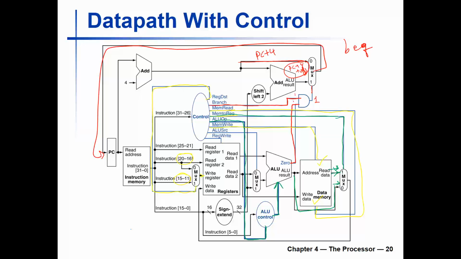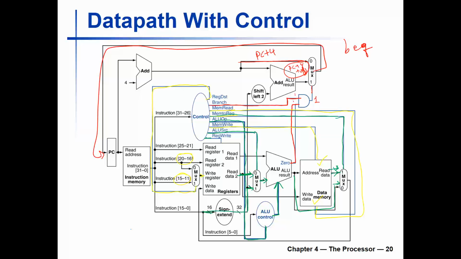Do we need to do add, subtract, set if less than, ORing, ANDing? So we have to decipher this ALU op and send the appropriate control to the ALU. This ALU source signal tells what the second source for the ALU is. Is it from the register file, or is it from the instruction after sign extension?